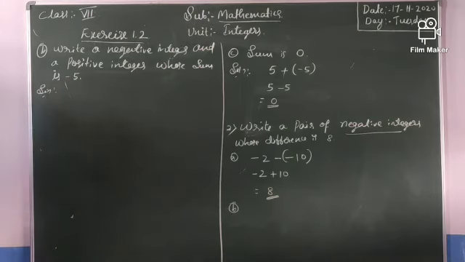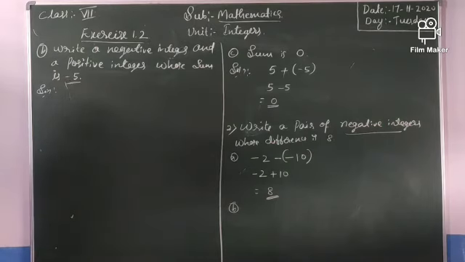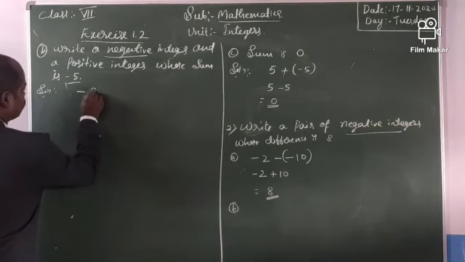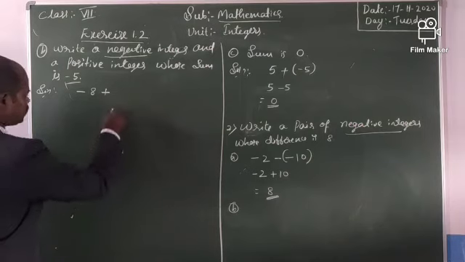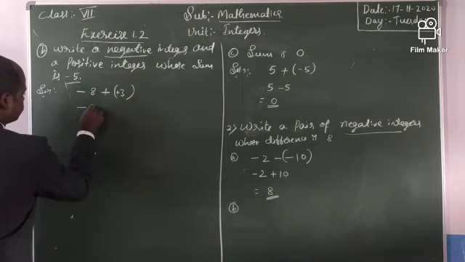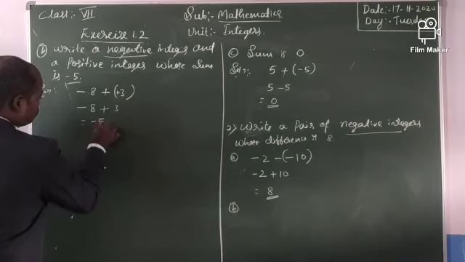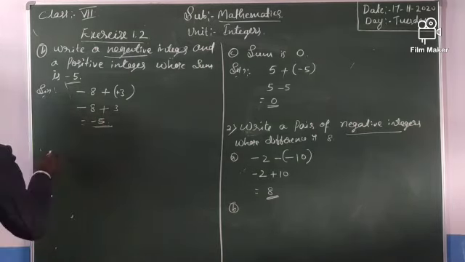Solution. See here, whose sum, here we have to say sum. When we add any one negative integer to a number, its sum should be -5. Here see, take -8, add, what do we have to add? Yes, 3 we have to add, that should be plus. We know that -8 plus into plus 3 is equal to -5. Understand?